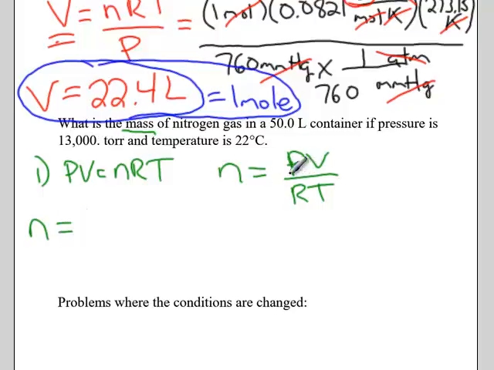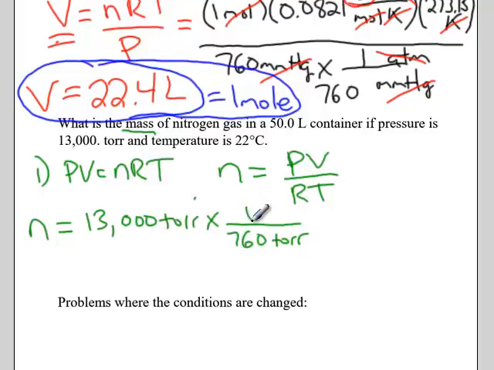and the pressure is 13,000 torr, and we want to convert that to atmospheres to cancel out the unit atmosphere in the gas constant, and the conversion is 760 torr is equal to 1 atmosphere. A torr is the same exact thing as a millimeter of mercury. It's just another name for millimeter of mercury.